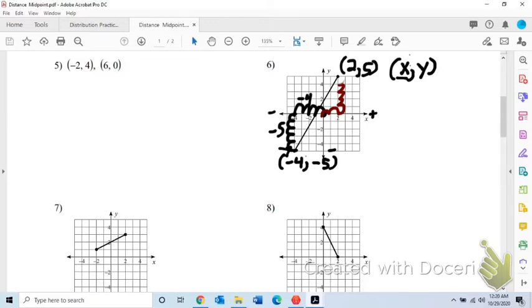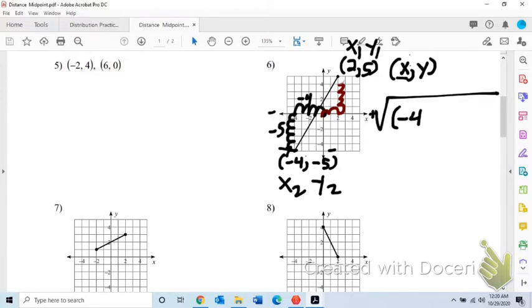We then label, so those are our 2 points, negative 4, negative 5, and 2, 5. We'll label those x1, y1, x2, y2. And since we're looking for distance, we just plug them into the distance formula. Negative 4 minus 2 squared plus negative 5 minus 5 squared.